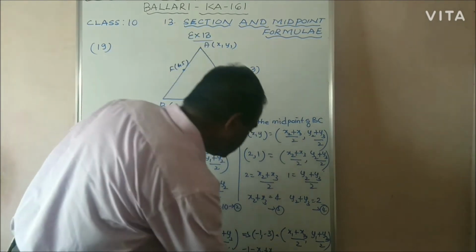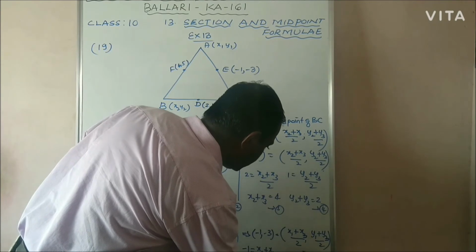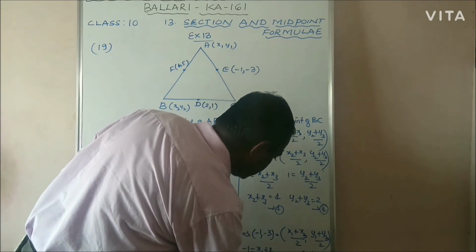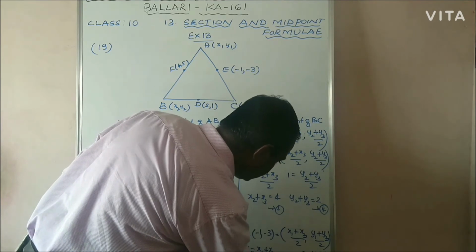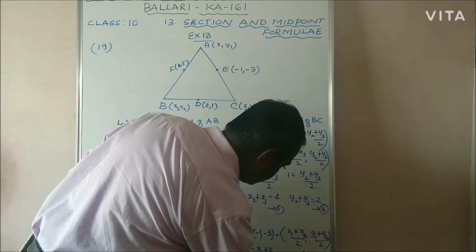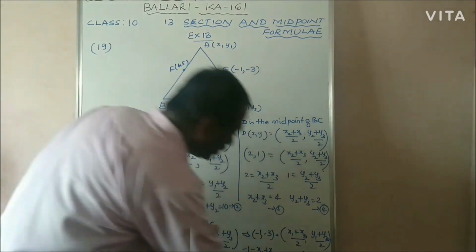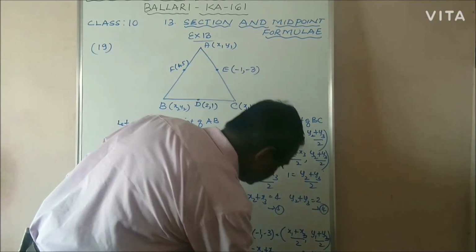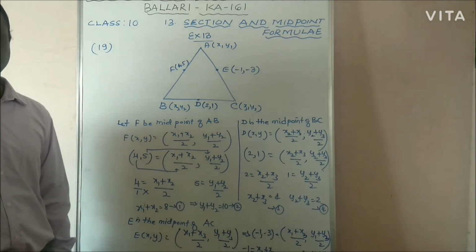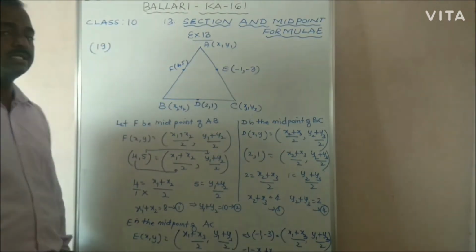Here also, minus 3 is equal to y1 plus y3 by 2. Cross multiplication: y1 plus y3 is equal to minus 6, equation number 6. So note down this. 6 equations we got by using the midpoint. Correct?